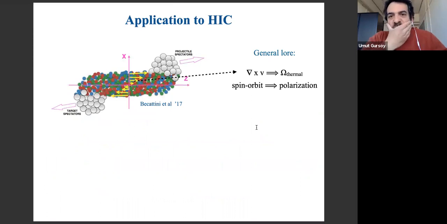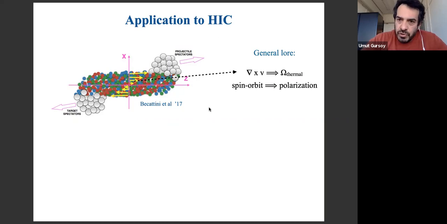Now we want to apply this to heavy ion collisions. This is a picture that I'm flashing again. This is right after the heavy ion collision. You have these spectator ions that are flying away from the collision region, and they leave this debris of the quark-gluon plasma.